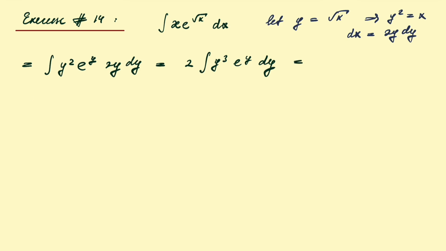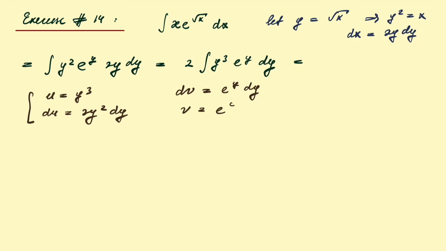So let's do so. First we'll take u as y cubed, then du will be 3 times y squared dy, and equivalently we took dv as e to the y dy, and e to the y does not change under differentiation nor integration, so v will be e to the y.